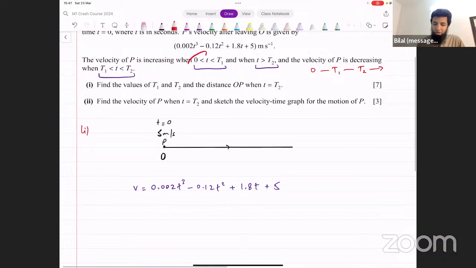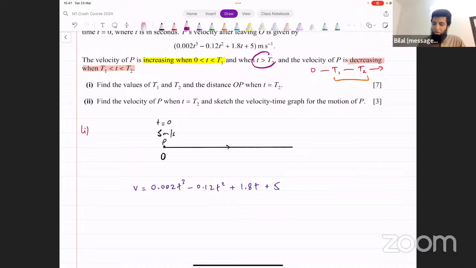Right? So there are different parts of the journey. From 0 to t1, the velocity is increasing. Right? That's what they're saying. So velocity is increasing between these 2 points. Then from t1 to t2, in this part, you see the velocity is decreasing in the middle part.